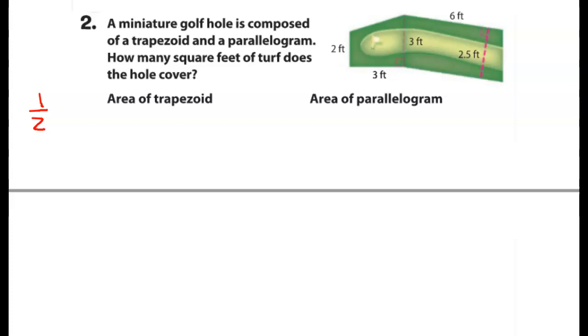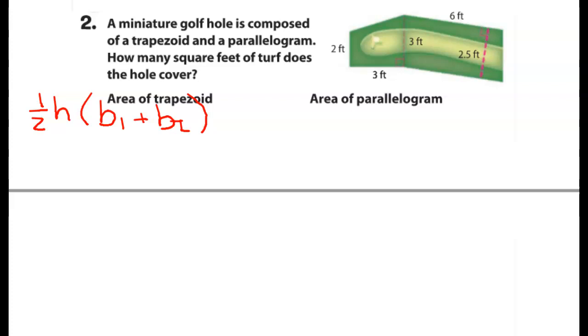It's going to be half of the height times B1 plus B2. B1 just stands for the first base, and B2 just stands for the second base. So we'll find the height and take half of that.